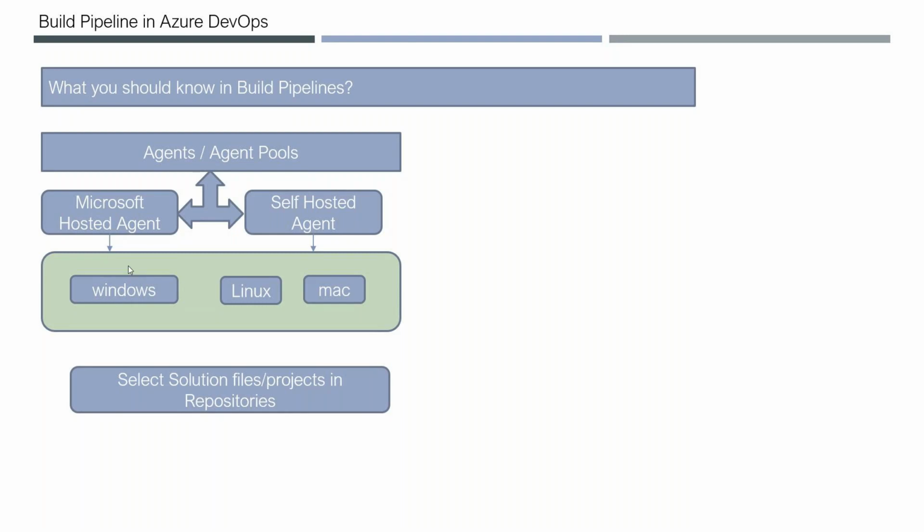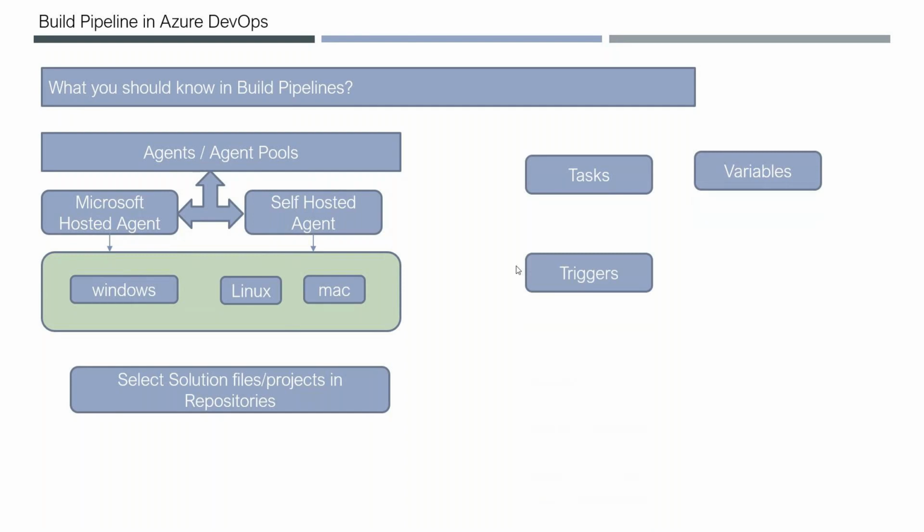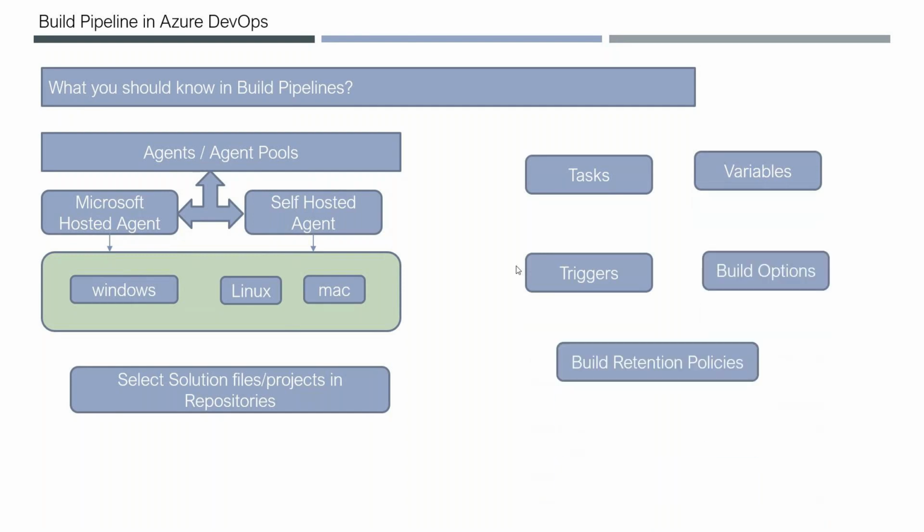As part of this build pipeline, as I told you, you will select the agent or set up the agent. Then you will also do some configurations using utilities like tasks, variables, triggers, build options, and build retention policies.